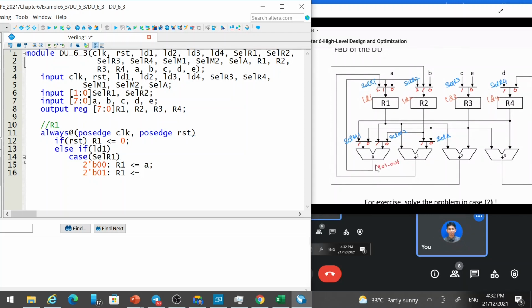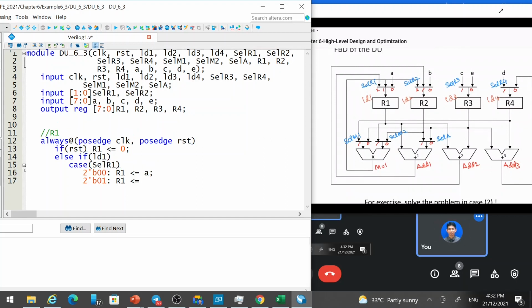This is add 1, this is add 2, this is add 3, and we need to declare this as a reg, reg 7:0, you have MUL, you have ADD1, you have ADD2, you have ADD3, right?